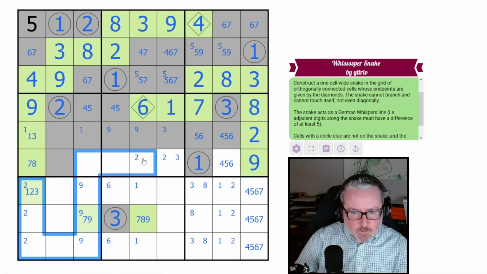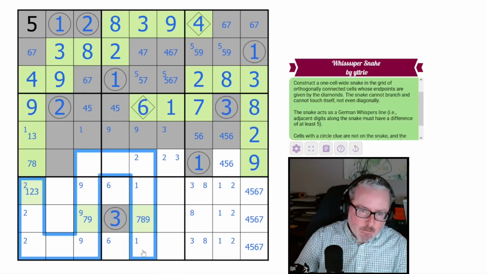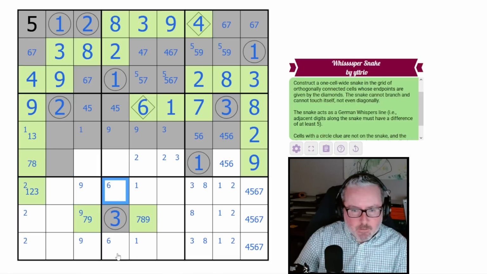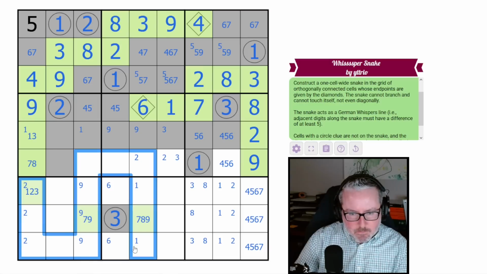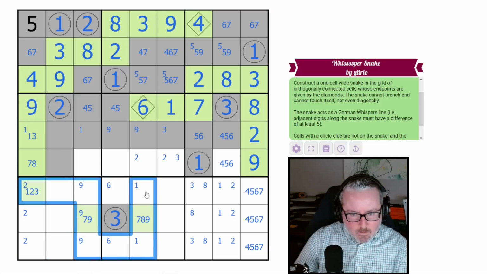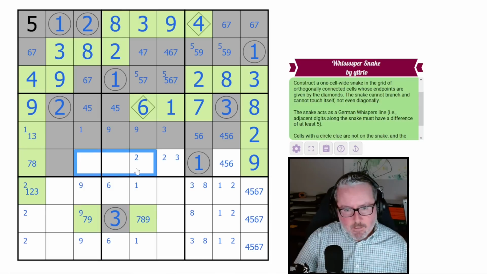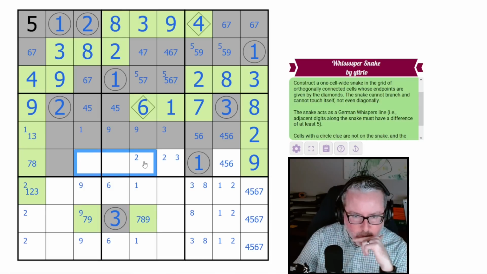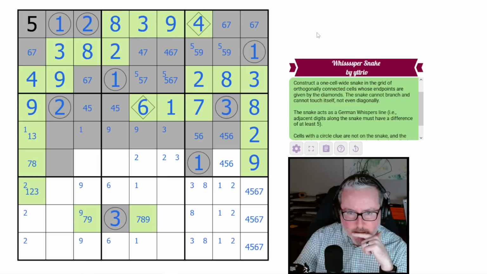We can't rule out anything like an extreme. Well, I guess we can. Because we know one of these two has to be in, so it can't necessarily do something like this. Yeah, I don't think we can ever go up in here. Again, I don't think this necessarily helps us for the snake.